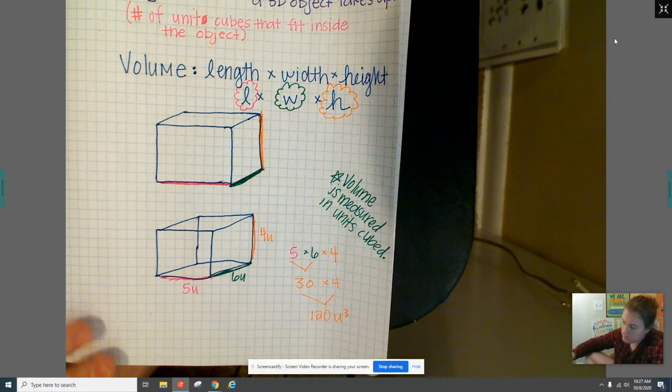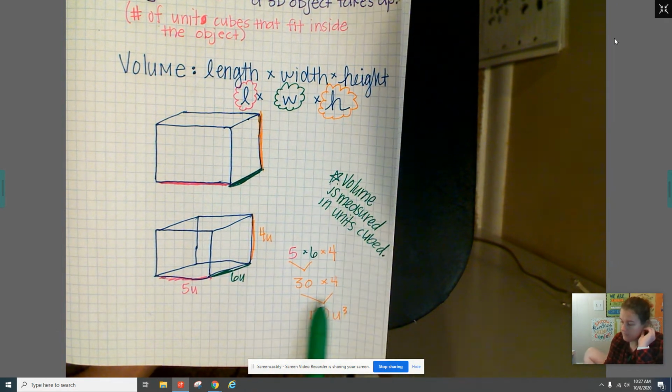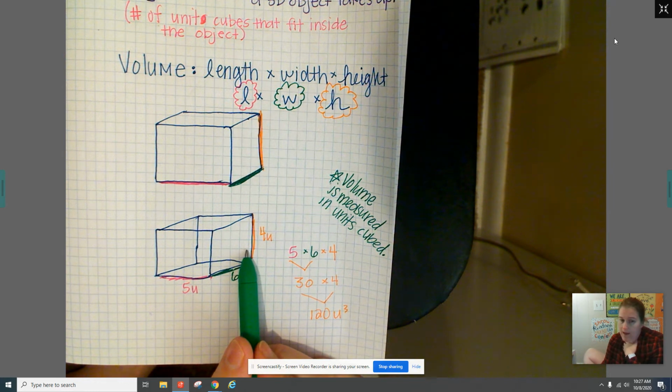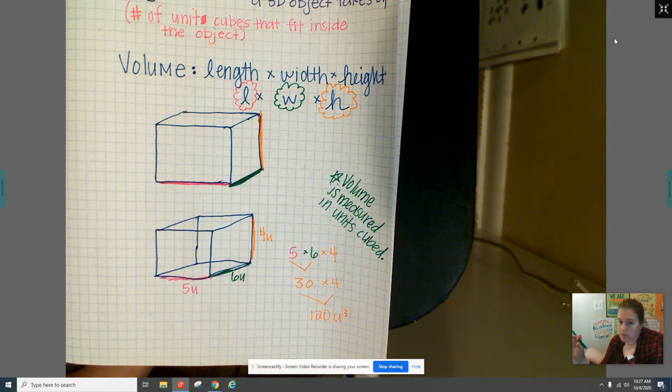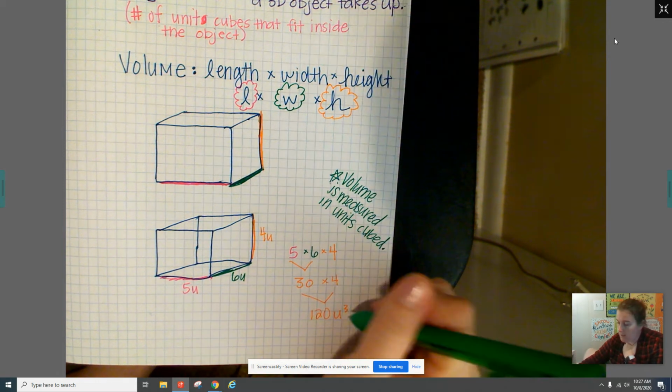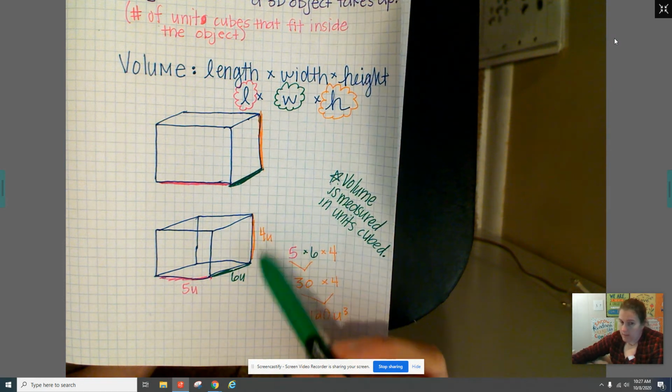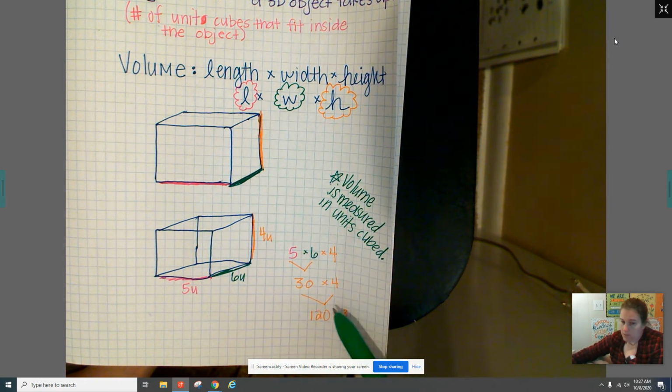The reason is because I want to talk about what this answer means. This means that I could fit 120 little cubes into this box right here. If I had unit cubes, I could fit 120 of them into that box, and that's why we use that little 3 to show that it's cubed. The other way to think about it is we're multiplying 3 numbers together, and that's why we put units cubed.